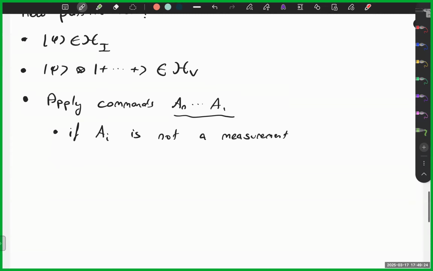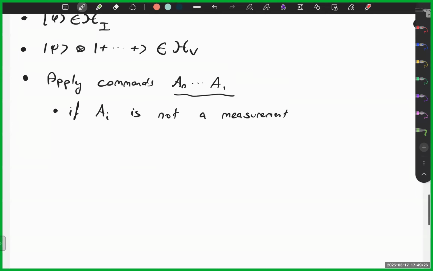Both of them are unitary, so we just find the... sorry, I can write it this way for writing it recursively. Apply it to psi i. Those are the steps.